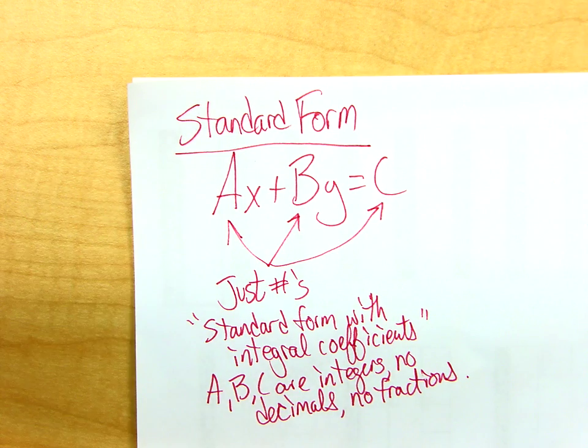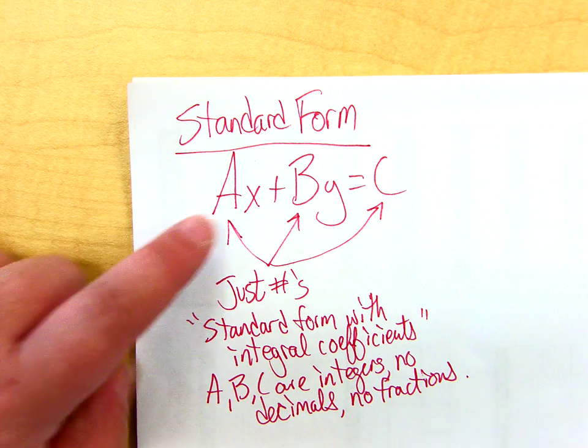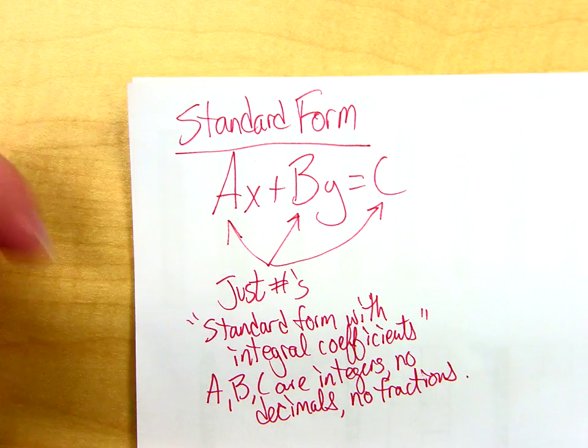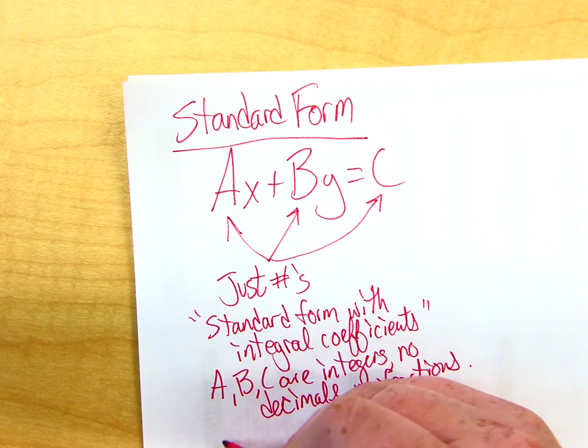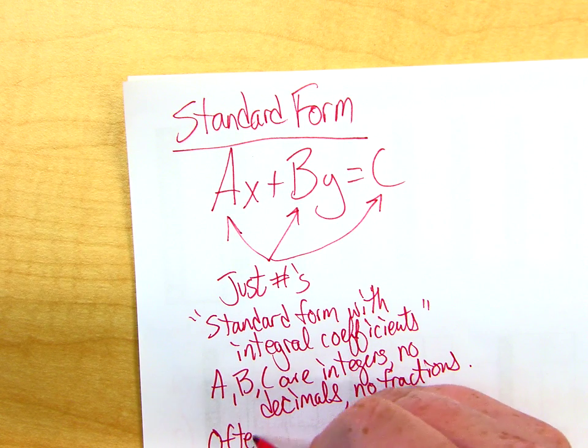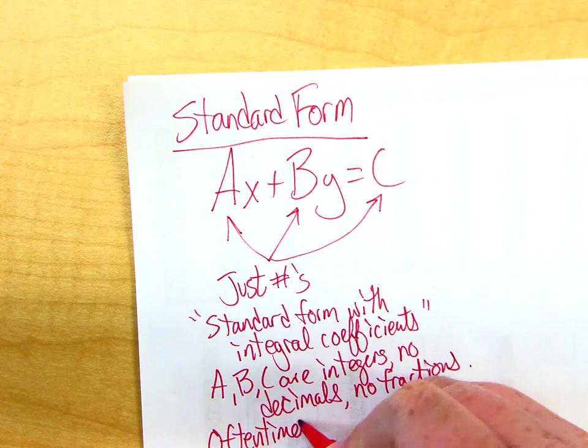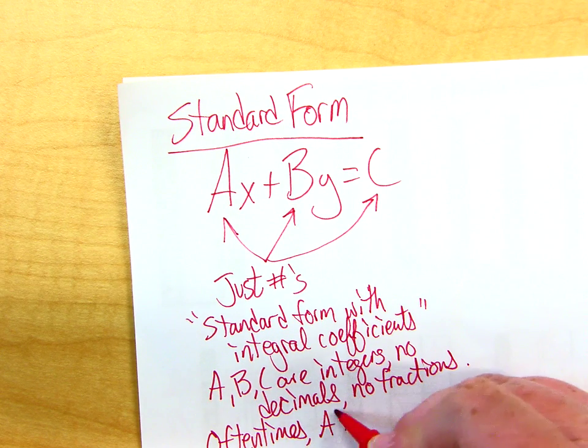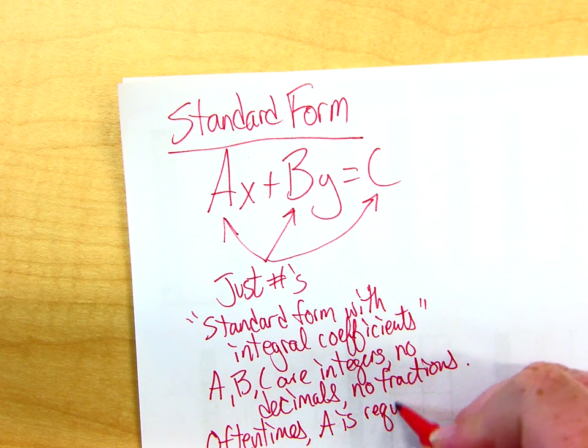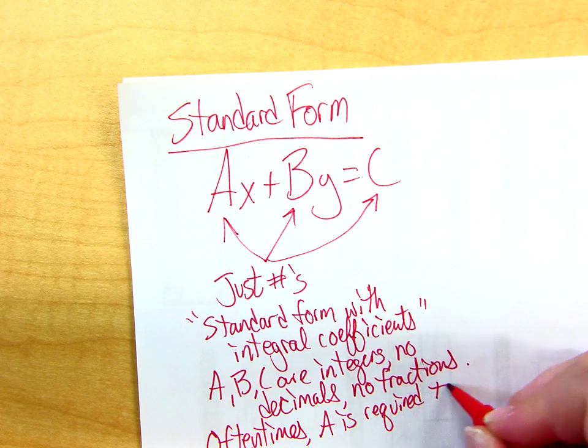So if it was a test and you had A as a negative number, I don't care. You're not wrong. But very often, like if it's multiple choice, they won't even give A as a negative number. So I just want you to be aware that oftentimes A is required to be a positive number.